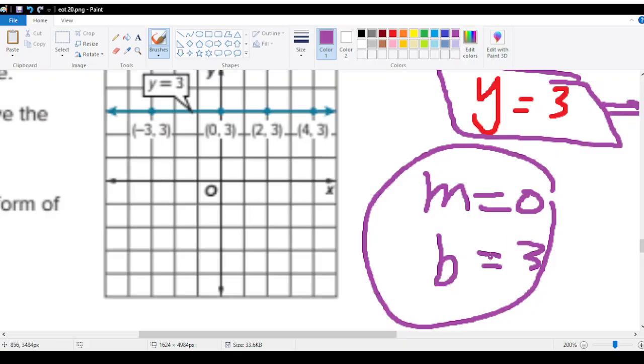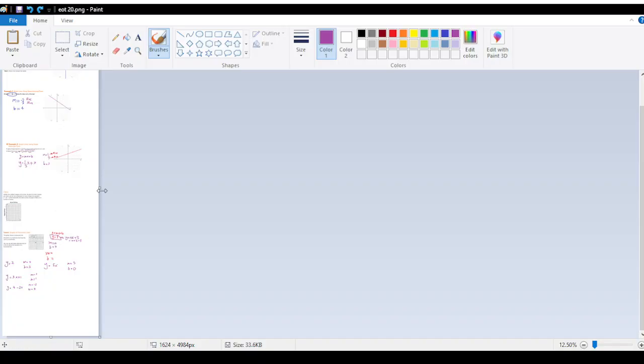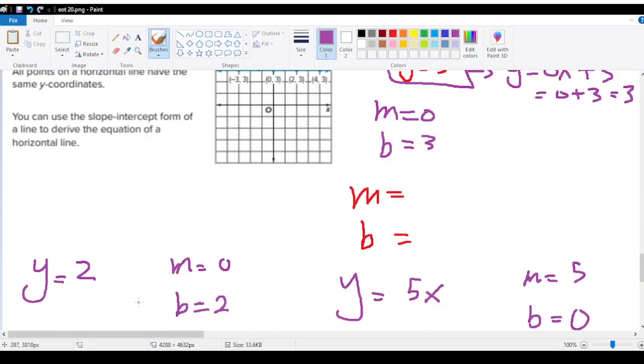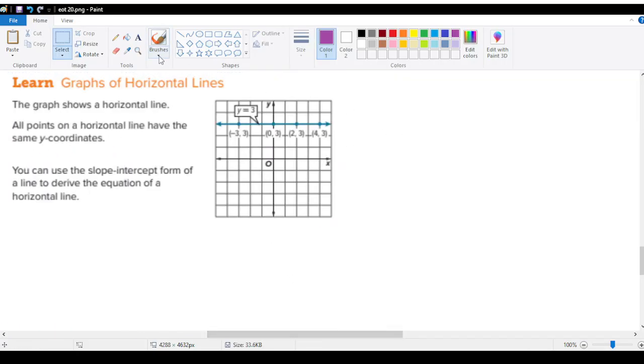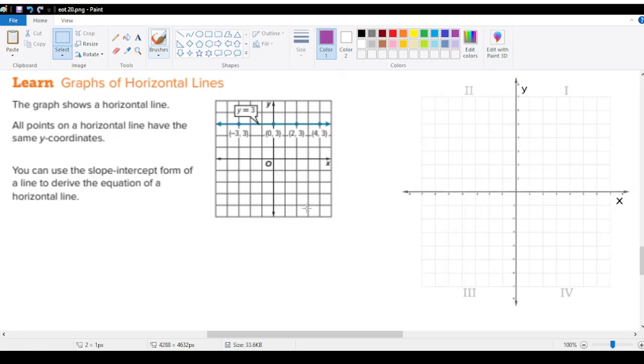Now, how to graph this thing? Because the teacher told me that you have to show it. I'm going to repeat. Let's suppose that we have a question like this, and we have the xy axis like that. The equation is y equals 3.